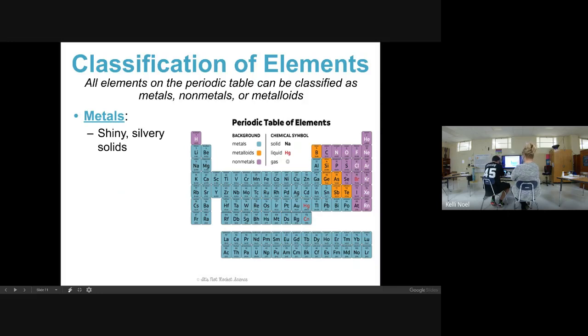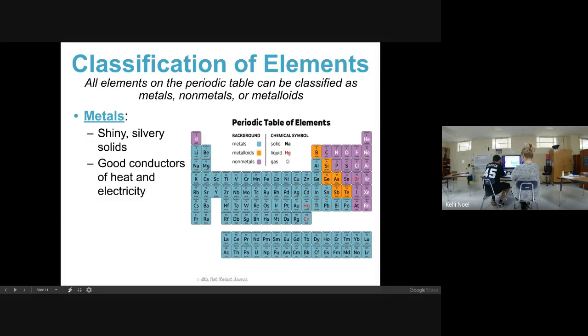All right, so metals. Here's where, if you want to color, you can. You can color this blue, what's blue up here, to represent metals. I will have you draw a zigzag line in just a minute.